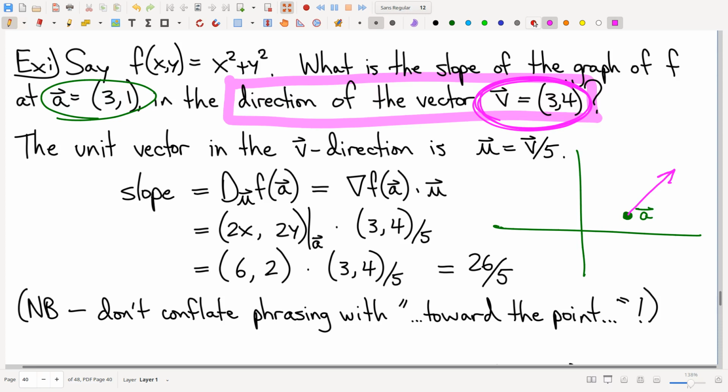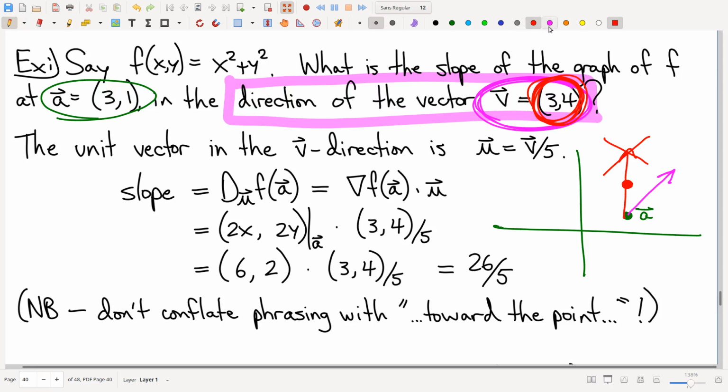Some students get confused and they see a 3, 4 and they think, oh, well, 3, 4 is a point. It's a point that's about right there. And this question must mean that I'm going toward the point 3, 4. Very importantly, not what the question is asking. So we are not talking about that way.